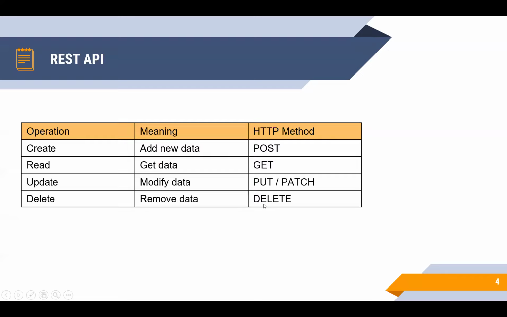So when the API requests the server, the server can check what kind of method the API is using, and based on this method, the server can understand what kind of operation we need to perform. So there are four types of operation: create, read, update, and delete.